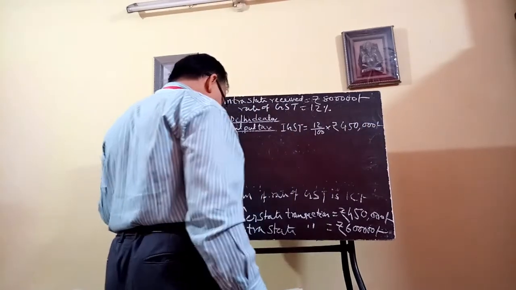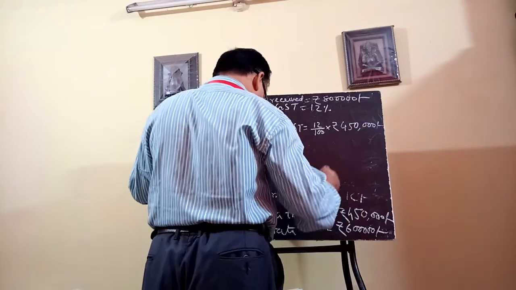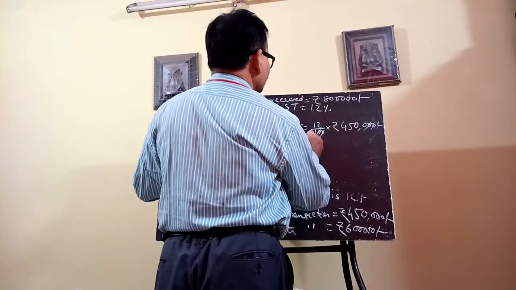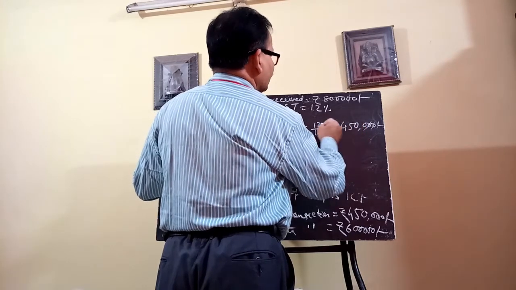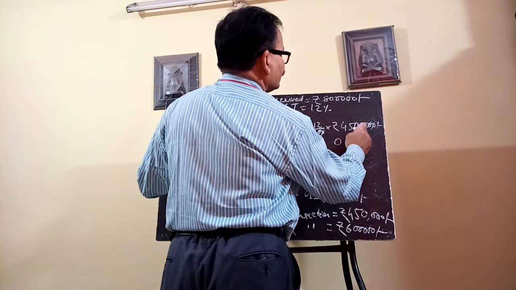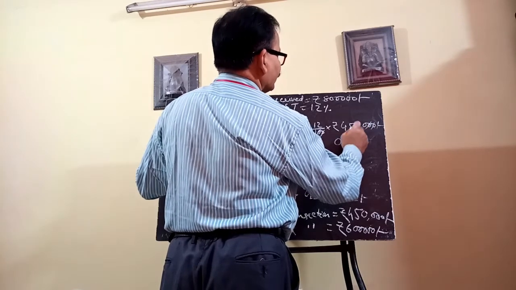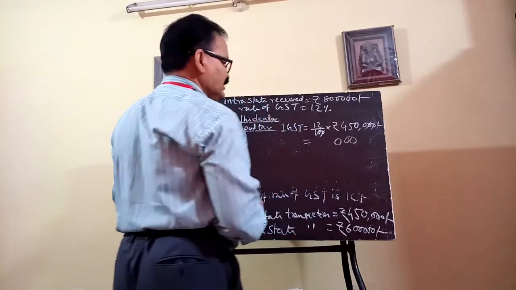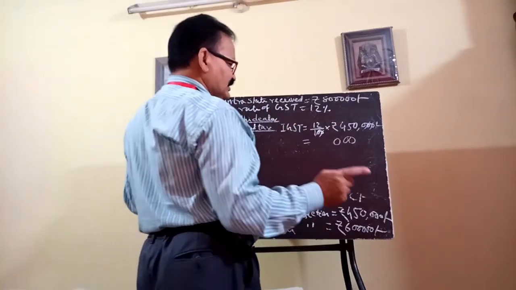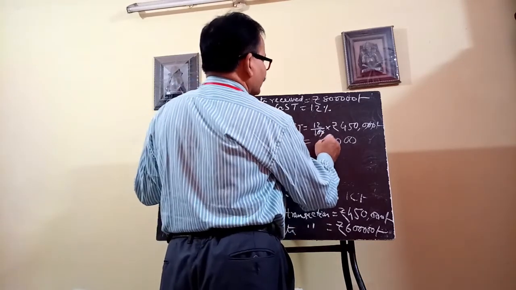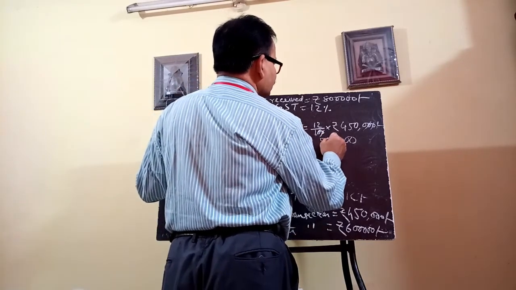If you cancel the 0, now you just multiply: 12 times 450 is 5,400, with 20 remaining in this side. 12 times 5 is 60, and 6 in hand, 12 times 4 is 48 plus 6 is 54.